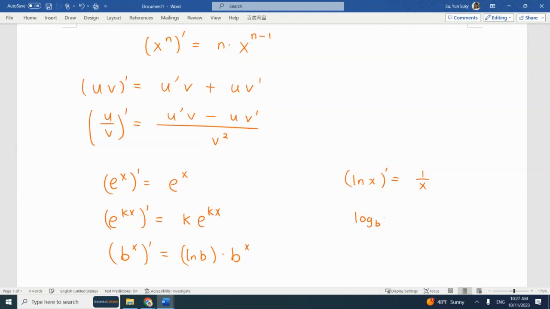And then the derivative of log base b of x is, remember, same as before, but divided by ln(b). Is that okay, everybody?